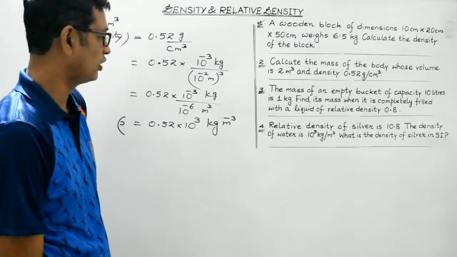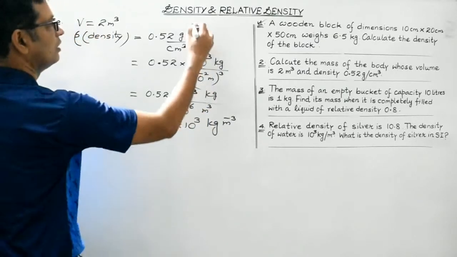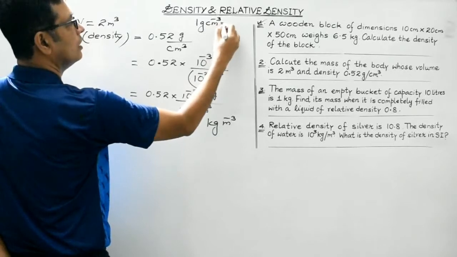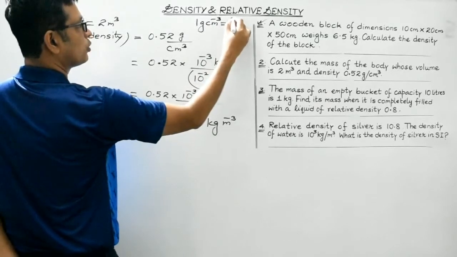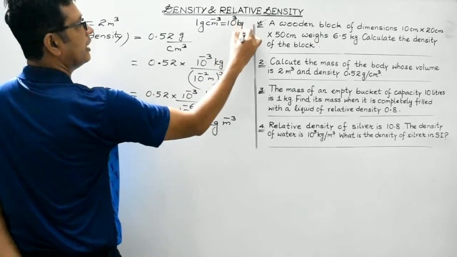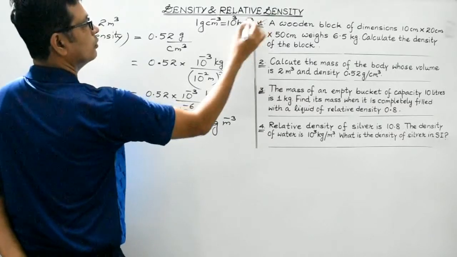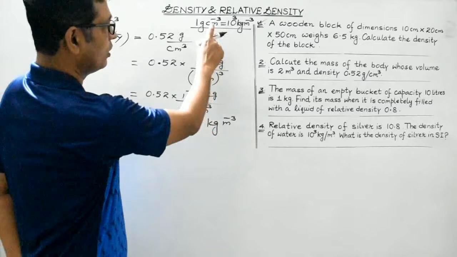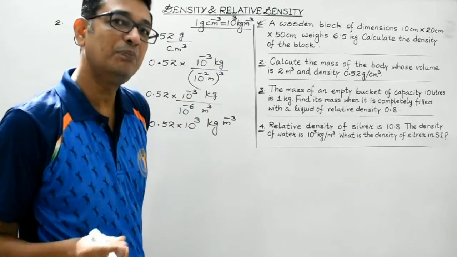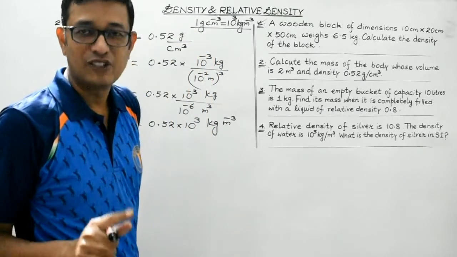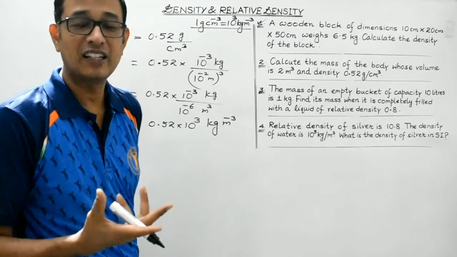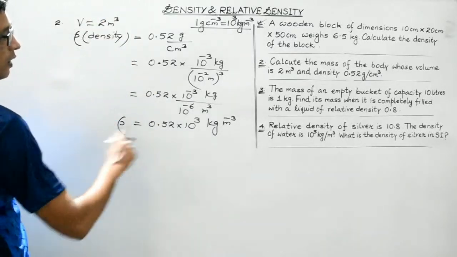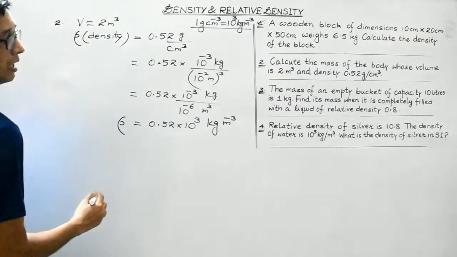So students, you can remember 1 gram per centimeter cube is equal to 10 to the power 3 kg per meter cube. So this is a very important relationship. Please do remember, right? 1 gram per centimeter cube is equal to 10 to the power 3, that is 1000 kg per meter cube.